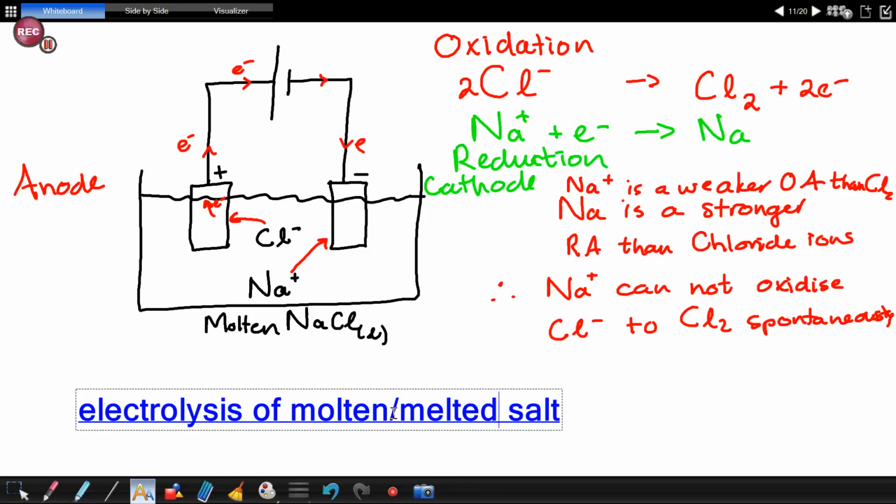So this salt is molten sodium chloride. So you only have sodium and chlorine in the electrolyte. The electrodes that they use are most probably carbon or graphite electrodes. They can't use a chlorine electrode, and they can't use a copper electrode.